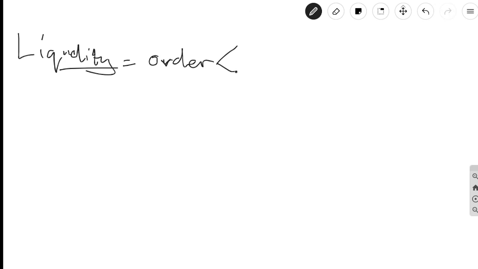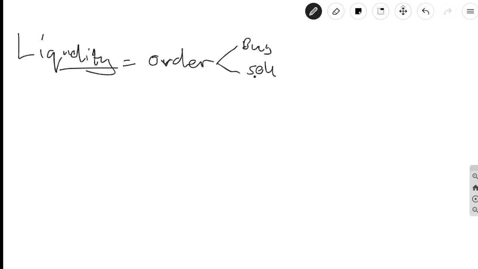The orders I'm talking about in trading here are the buy and sell orders. Just go with me here because I need you to understand step by step. So the orders in trading that we have are only buy and sell orders.